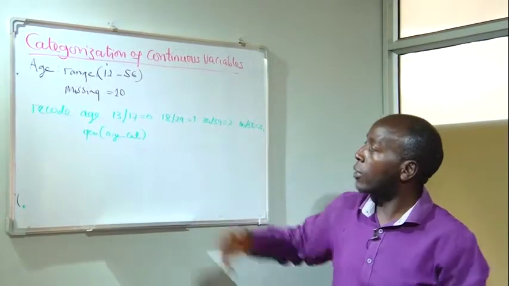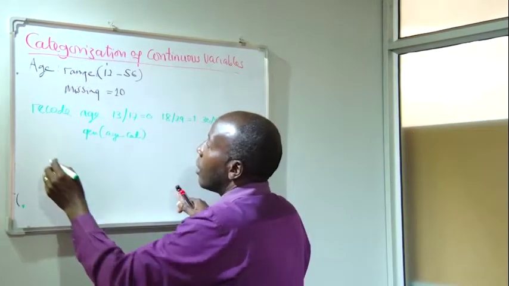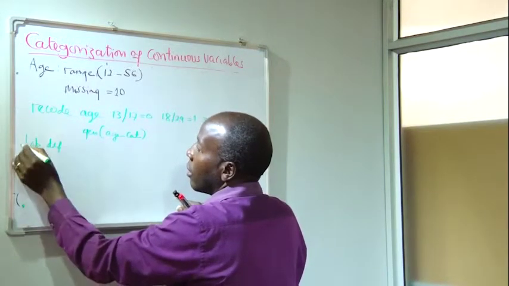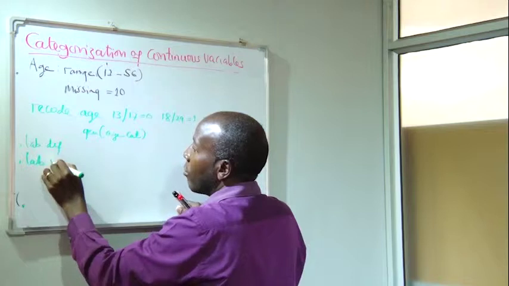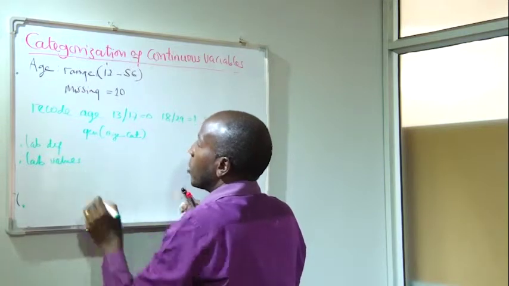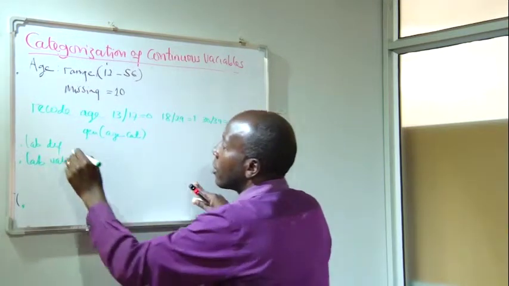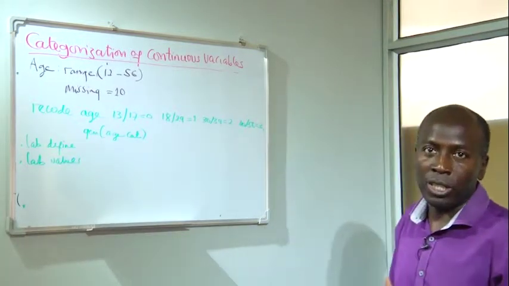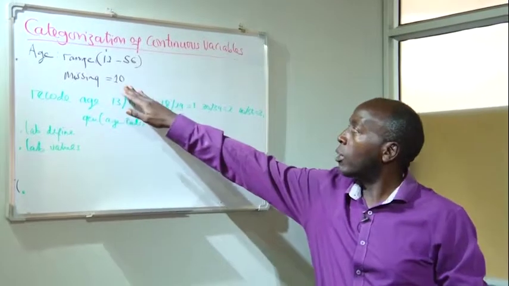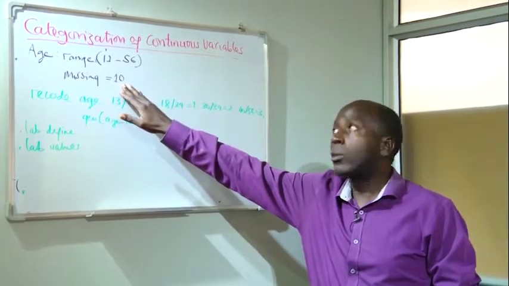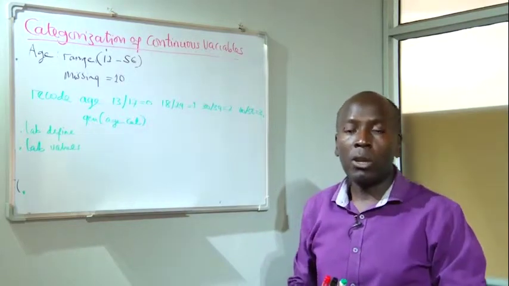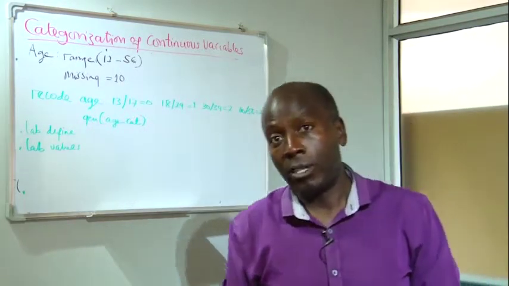Of course, after that, you again have to do the label define and label values. This was a demonstration on how to be careful and deal with the missing as you categorize continuous variables.